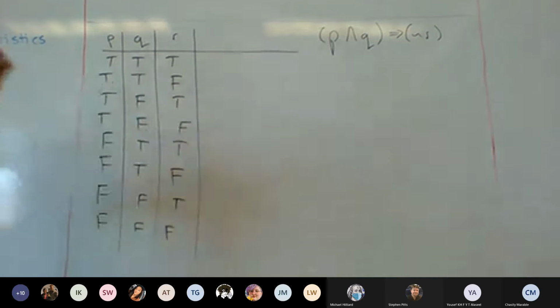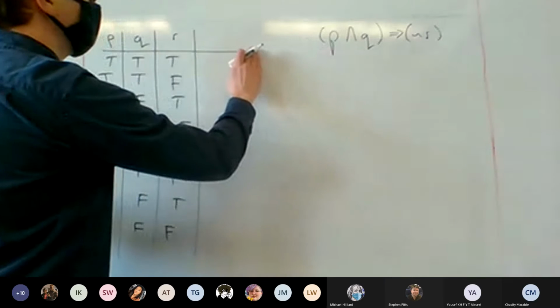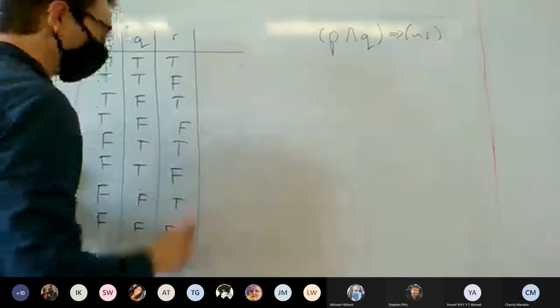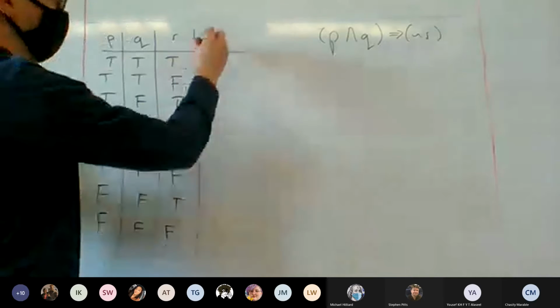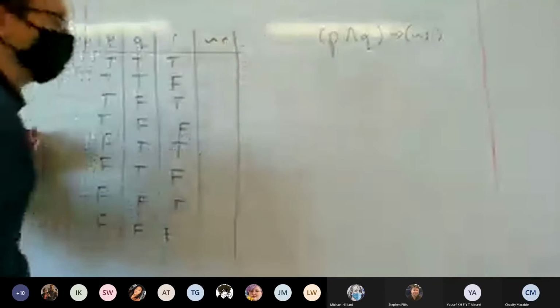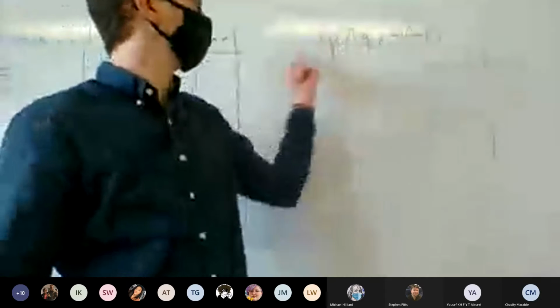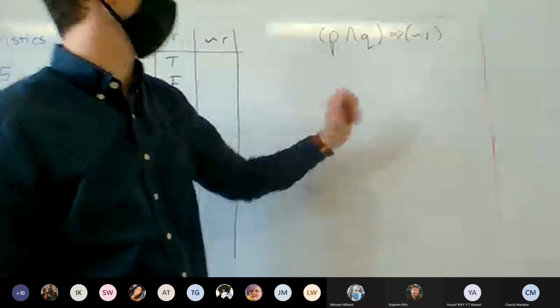What is the next column we're going to need? We've got a few pieces here. We're going to need the negation of R. Why don't we start with that? Any negations directly attached to a variable, I want to include.